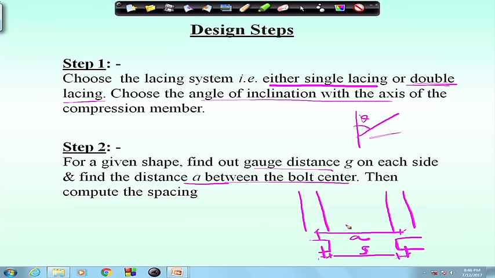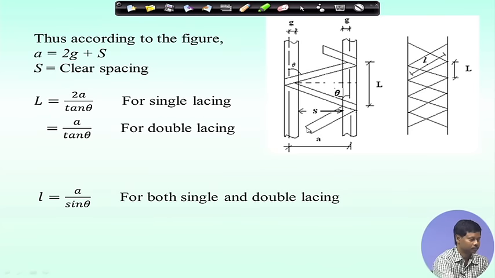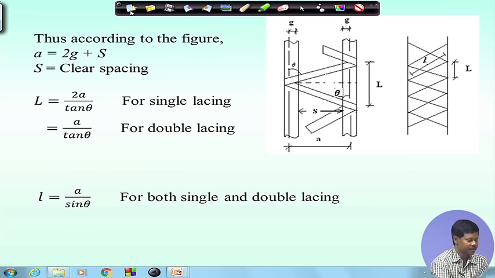According to that we can find the value of A, the distance between bolt centers. So A becomes S plus 2G, where S is the clear distance and G is the gauge distance.